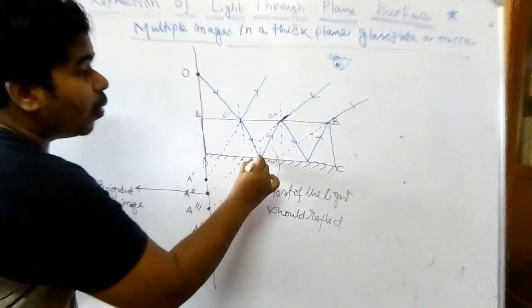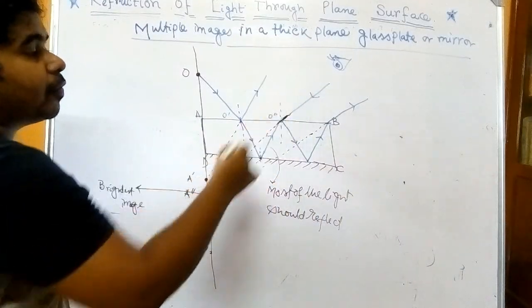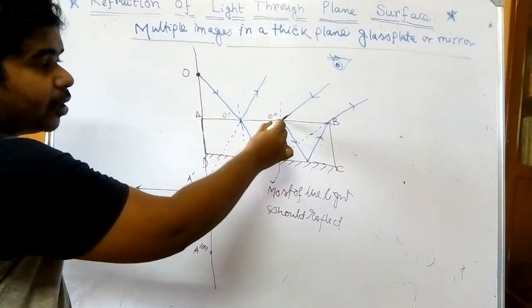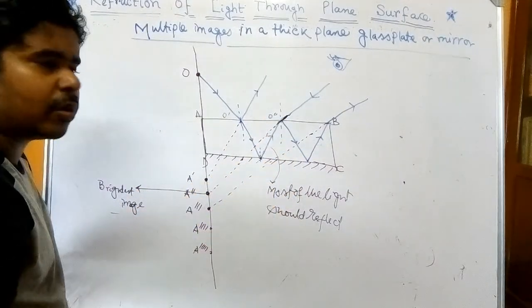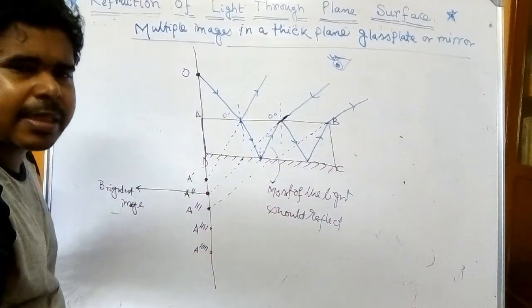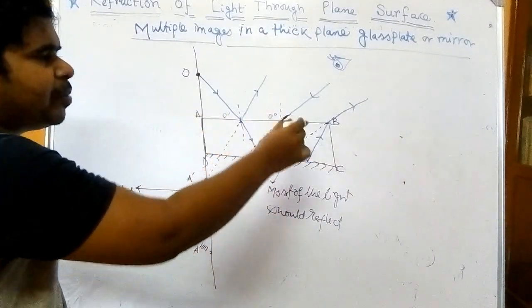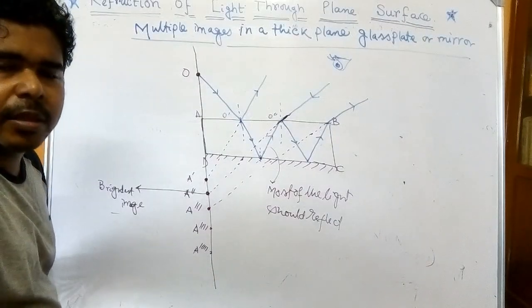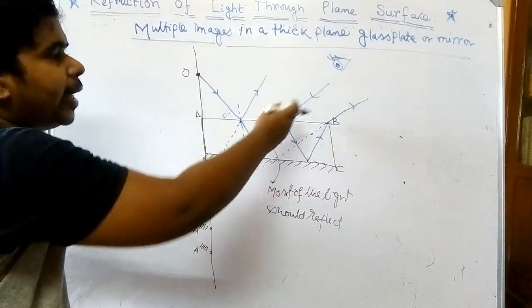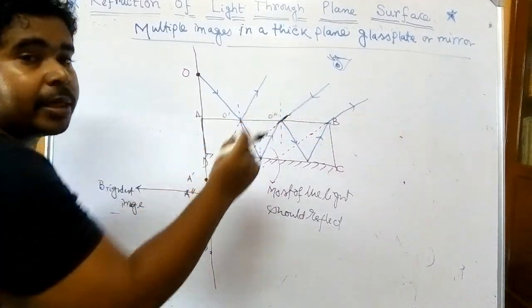So from this point, most of the light should be reflected, and from the first surface a little amount of light is reflected inside also, but that is also very less, because that AB surface is a transparent surface, and the maximum light can pass through it.